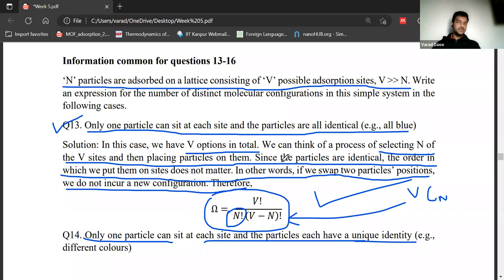So did anybody get this answer? Nobody got it. For those who have any questions, they can ask, and those who would like to write this down can write it down. And those who want to try the next question can try the next question.